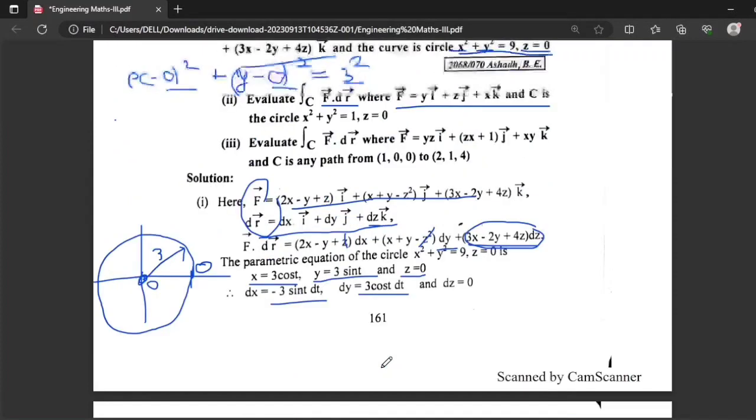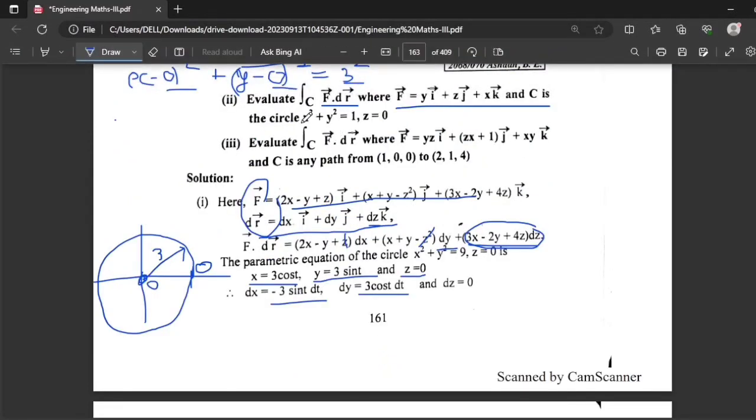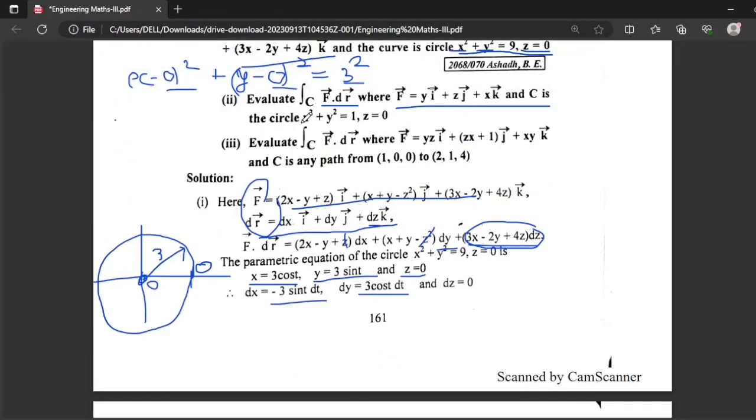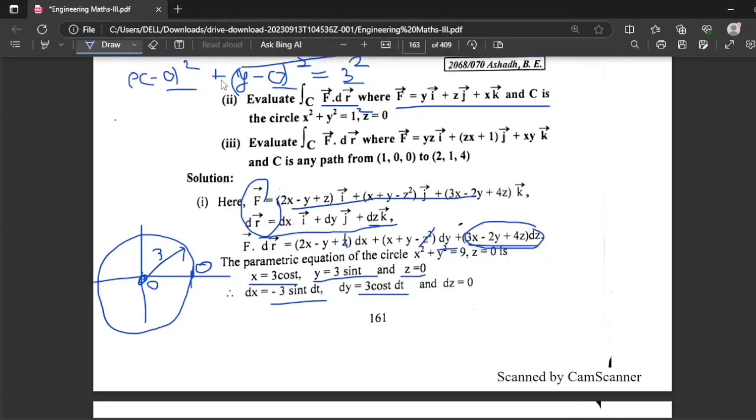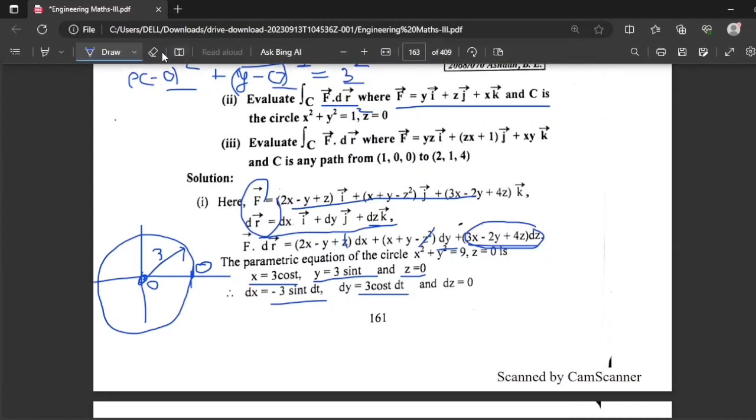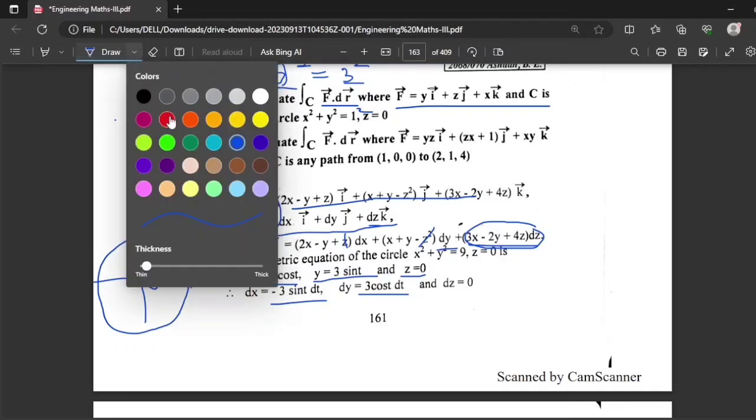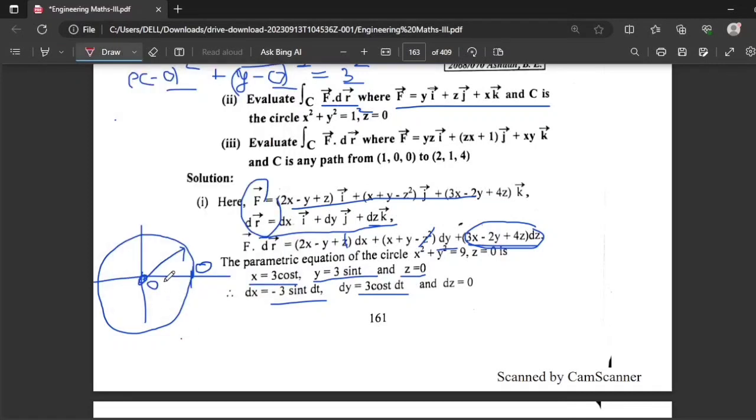We are given a circle x square plus y square equals 1, so 1 square is also 1, so (0, 0) is the origin with radius 1.